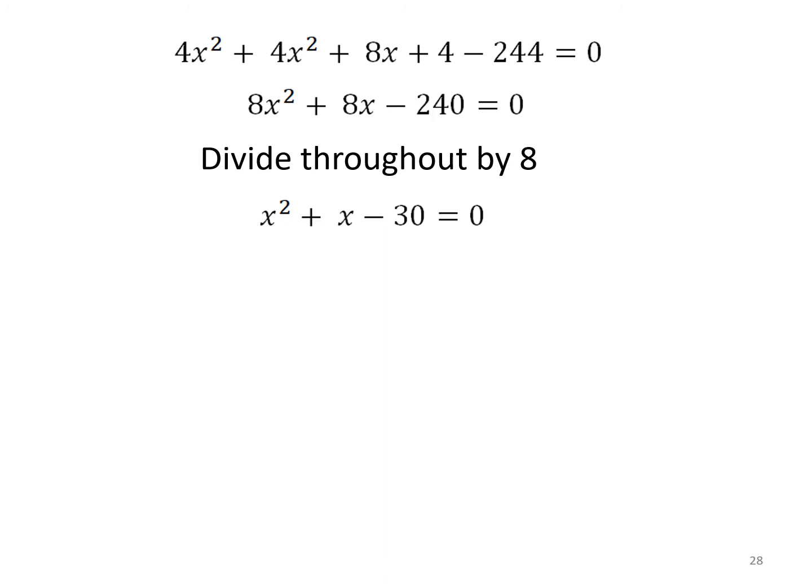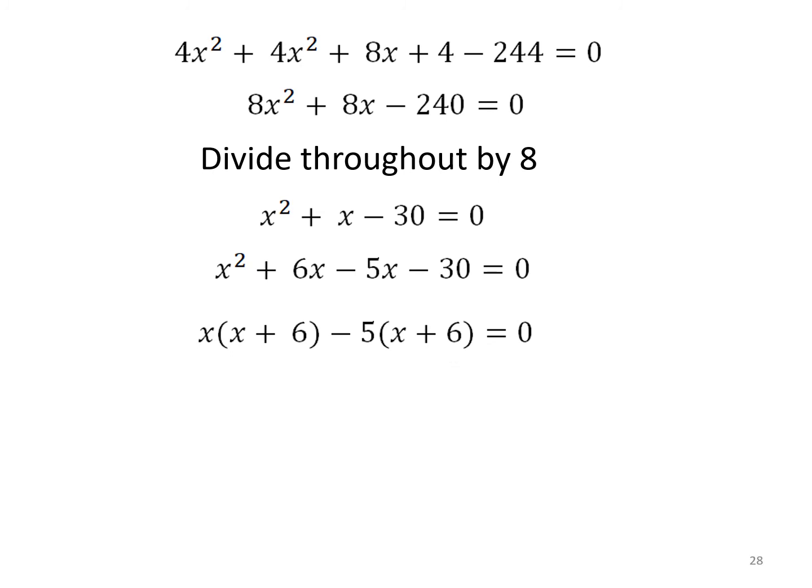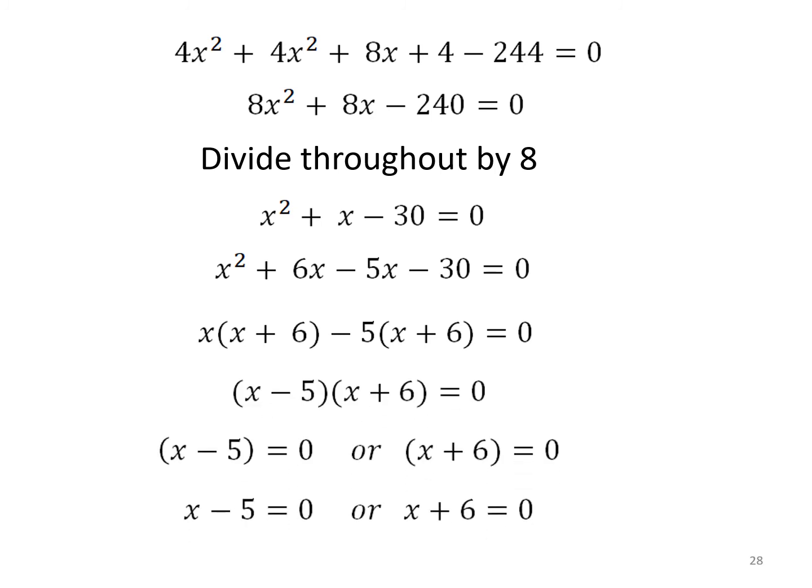So the two numbers which can be taken are nothing but 5 and 6. So we will write it as x squared plus 6x minus 5x minus 30 is equal to 0. Taking the common terms, we get x times (x plus 6) minus 5 times (x plus 6) is equal to 0. (x plus 6)(x minus 5) is equal to 0.